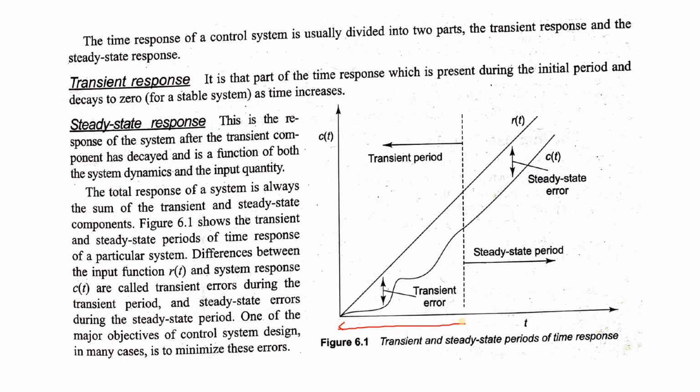During this duration it is called the transient period, because within this time the output was not smooth. There was some difference in output at every instant of time. The signal was not continuous. Then after this instant it became stable. This duration is called the transient period, and after that it becomes steady state. It is called the steady state period because the state becomes steady.